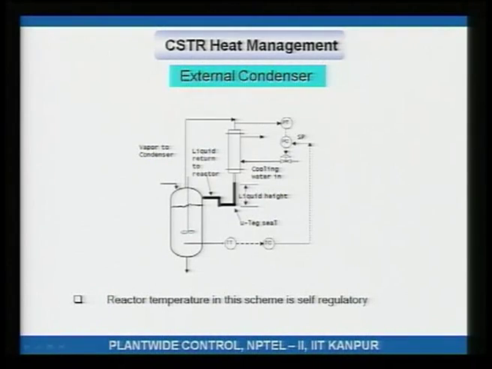So, in that case, this vapor is taken to an overhead condenser. In the condenser, cooling water is coming in, the vapor condenses on the cold tubes and drops down, and it is put back in.